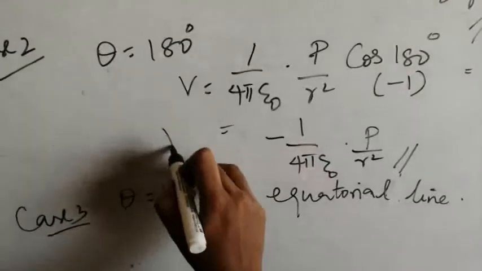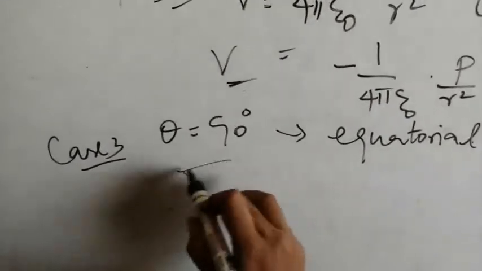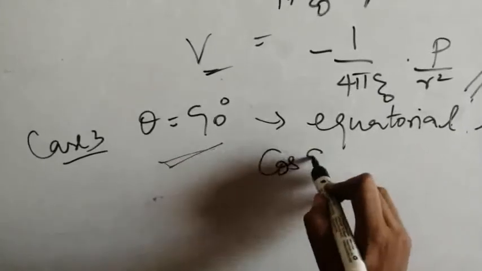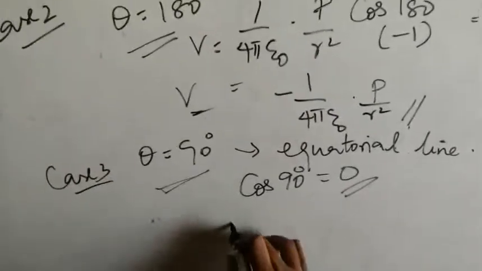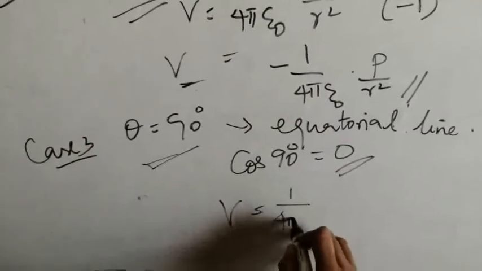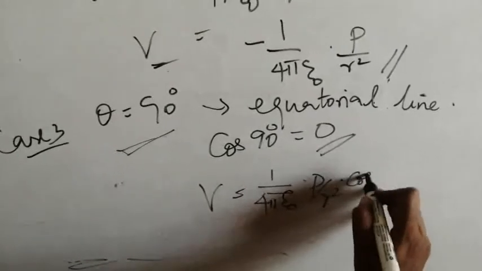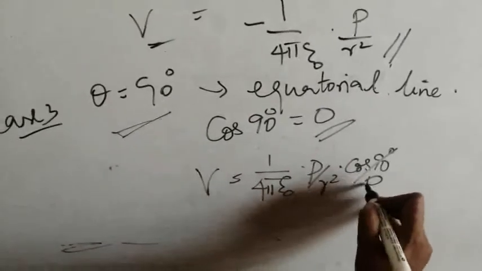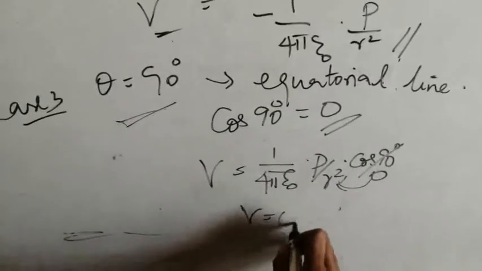This is for theta equal to 180. When theta equal to 90, you have to substitute cos 90. Cos 90 value is 0. So V is equal to 1 by 4 pi epsilon naught into P by r square into cos 90, which is 0. 0 into any term is 0. So V is equal to simply 0.